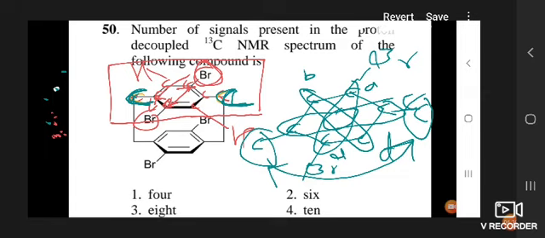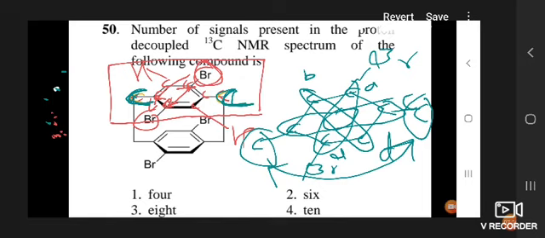Now, to solve this problem, whenever a question is asked about the number of H1 NMR signals or C13 NMR signals, what you have to do is use the concept of symmetry. That means you have to add a plane of symmetry and bisect the molecule into possible parts, and out of the different parts you select only one part.